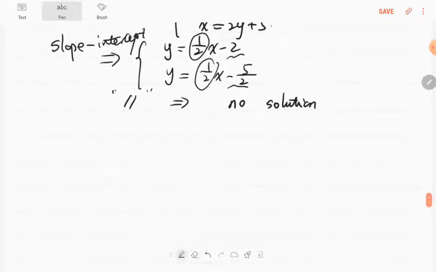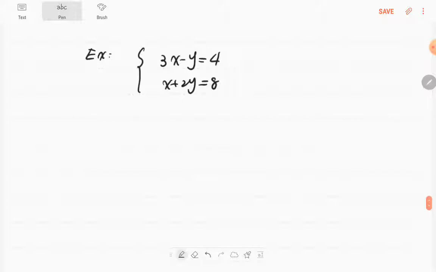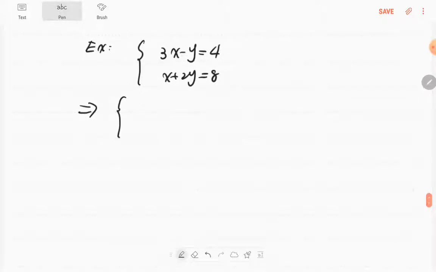Let's check another example. So for this time, we still need to transfer it to the slope-intercept form. So let's see, what should we do? The first one, it will be 3x minus 4.